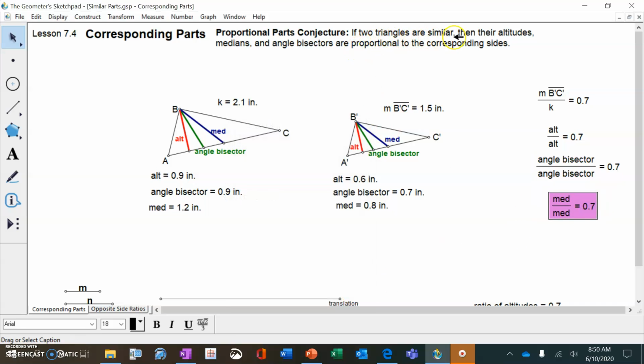So if two triangles are similar, then their altitudes, medians, and angle bisectors are proportional to the corresponding sides. So the corresponding sides are in the ratio of 0.7. That means the altitudes are in that same ratio, the angle bisectors are in the same ratio, and the medians are in that same ratio. And this would be conjecture number 62 on your conjecture list.